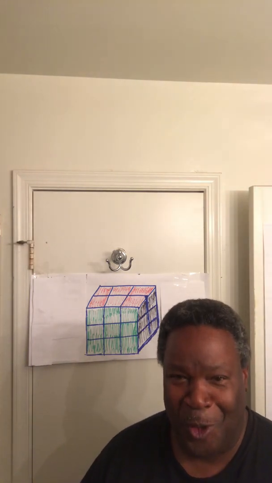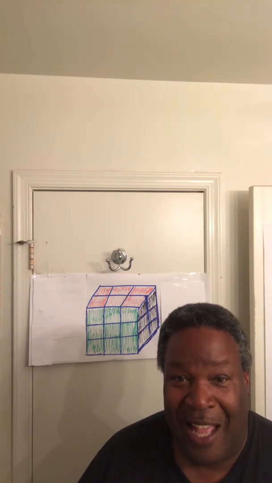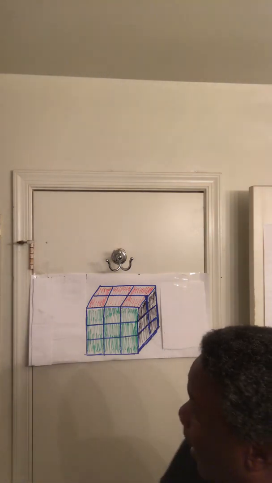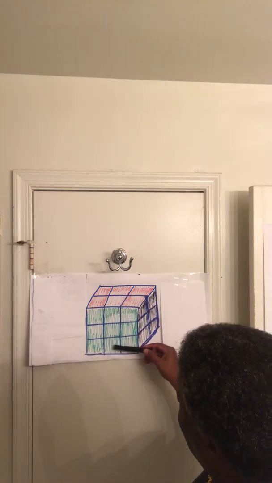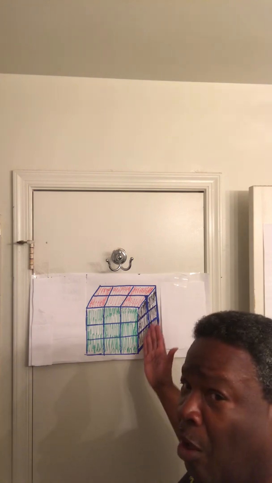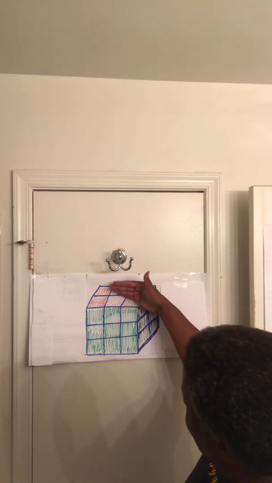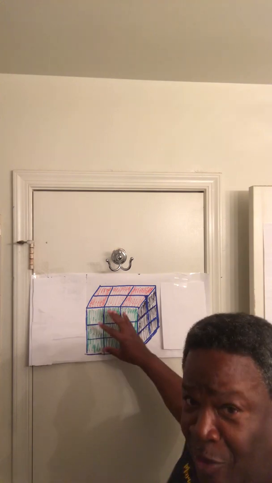Welcome back. How did you do? Let's take some time to discuss how we can determine the volume of this rectangular prism by adding up the cubes. Well, when I look at this rectangular prism and I look at the front part, I can see that there are 9 cubes. But when I look along the side, I can also see that there is a back part that has the same number of cubes as the front because it's a rectangular prism, so they're going to be the same.